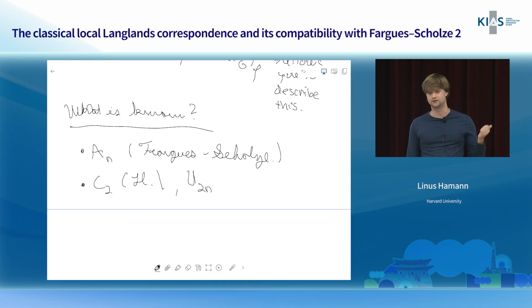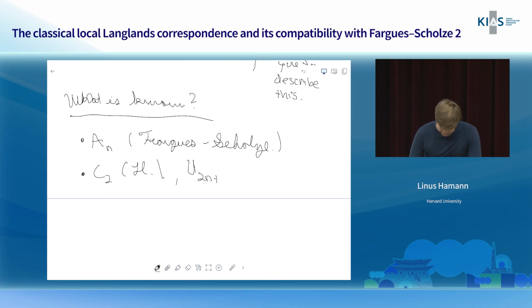This is the phenomenon known as twisted endoscopy. So when I say compatibility in all these cases, I mean these kinds of local Langlands correspondences coming from Harris-Taylor and twisted endoscopy. I'm not going to write all the names of all the people who contributed here, but this came up in Alexander's talk.